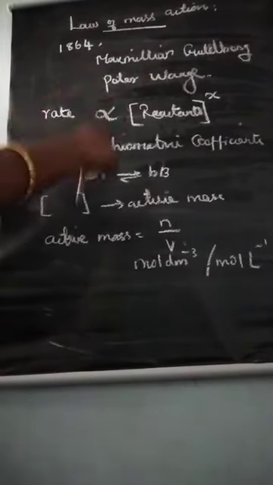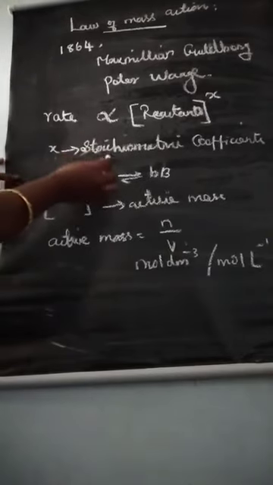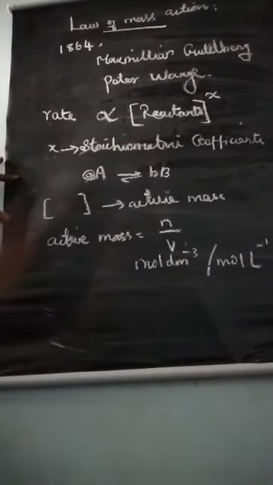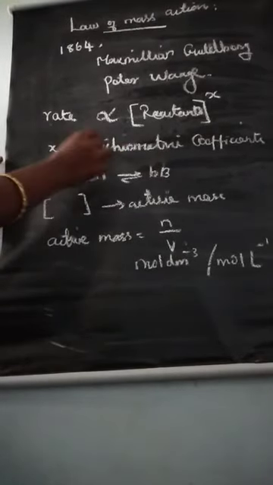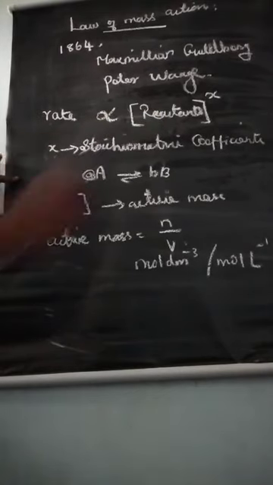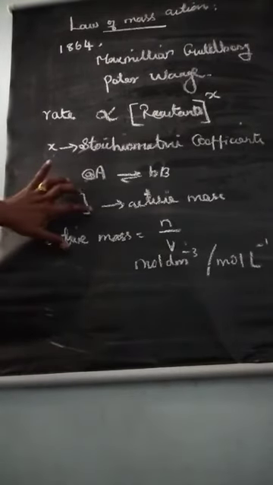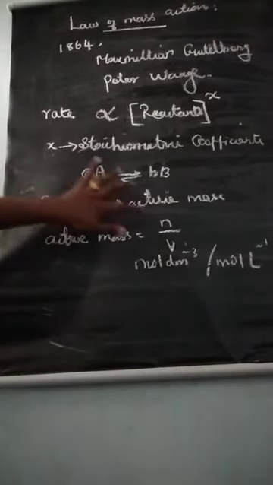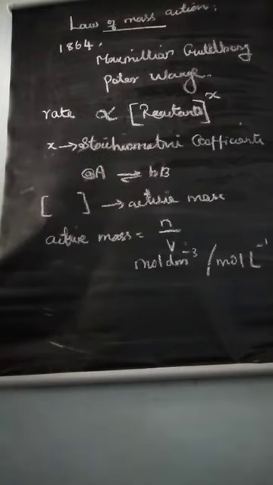So we can tell the explanation. x is the stoichiometric coefficients of reactants. Then the square bracket represents the active mass of the reactants.